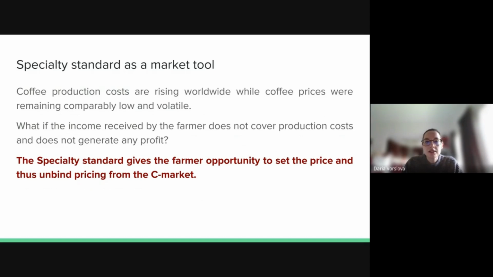And for the C market, it's super easy. It's controlled by the demand supply ratio, right? So we have a big demand for the coffee, but a decrease in supply of the coffee. That's why prices rocketed.